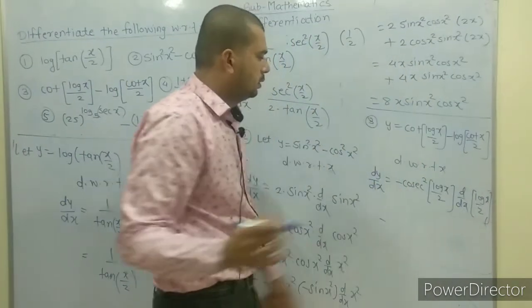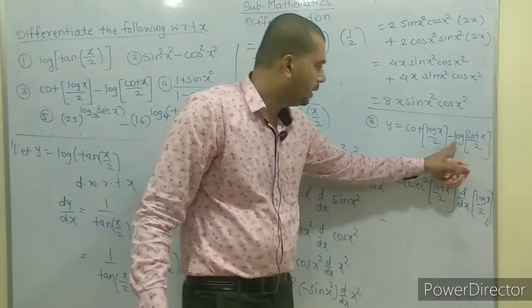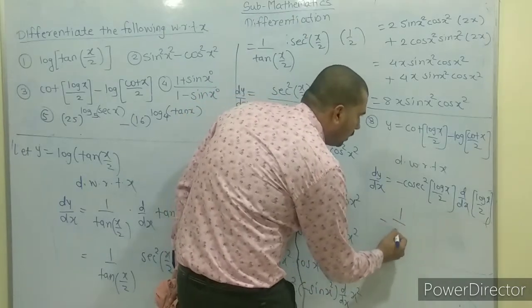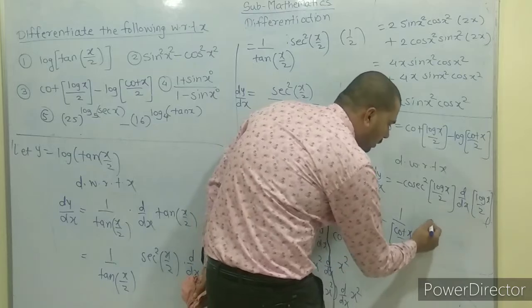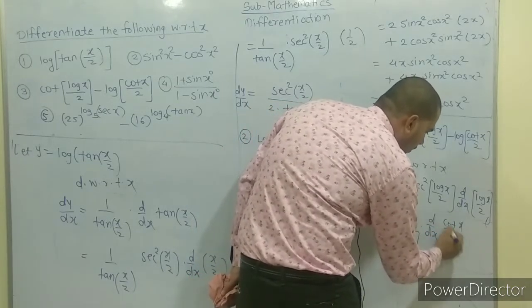minus, here dy dx of log x is 1 upon x. So dy dx of log of cot x by 2 is 1 upon cot x upon 2 into dy dx of cot x upon 2.